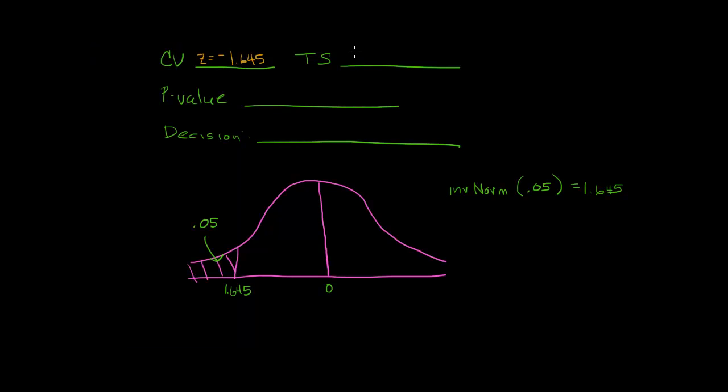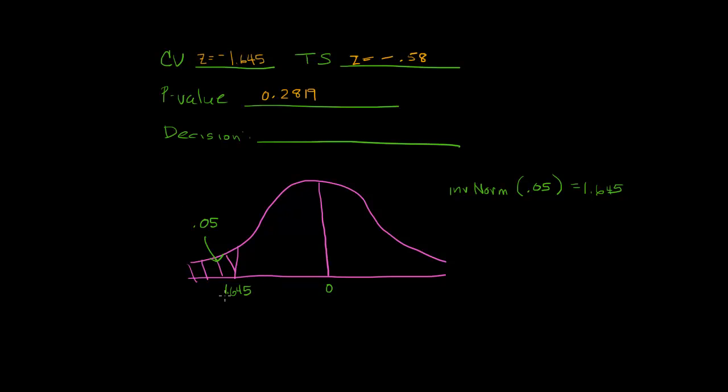Okay, so our test statistic was z equals, I like to put the z there, negative 0.58 with a p-value of 0.2819.